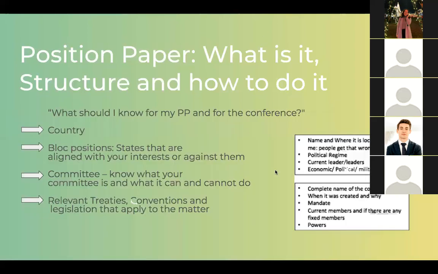This is it. Passing on to something less abstract: what you should know before making your position paper, and also tips for the conference in general. You should know, of course, your country's position, maybe other states that are aligned with your interests.